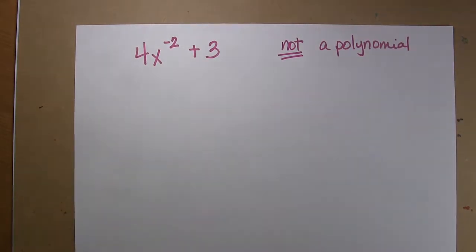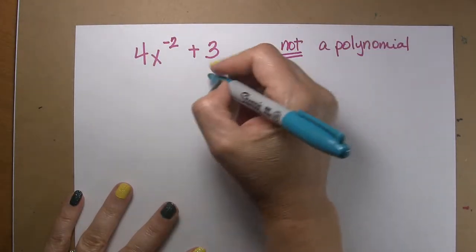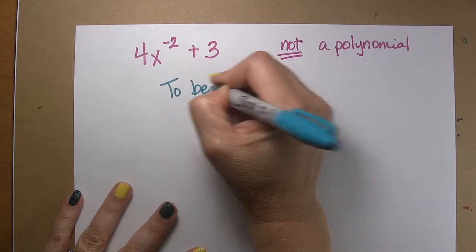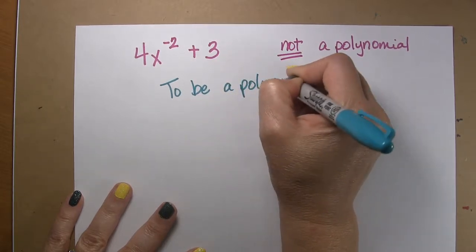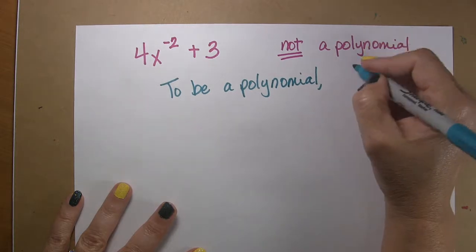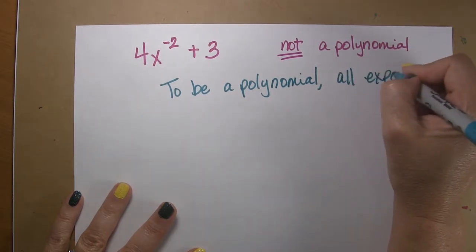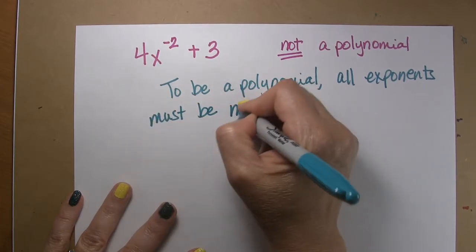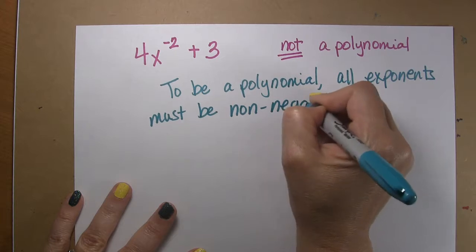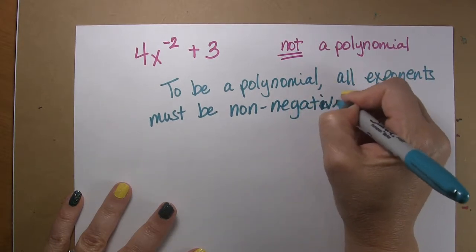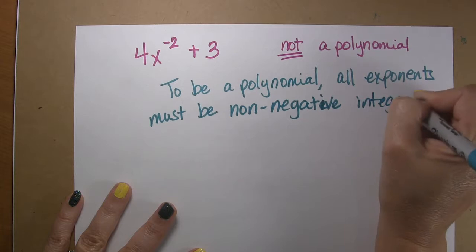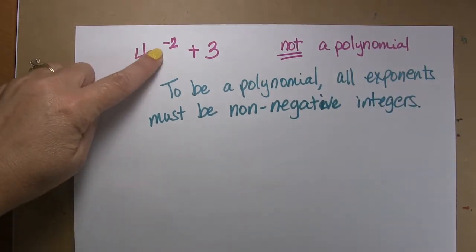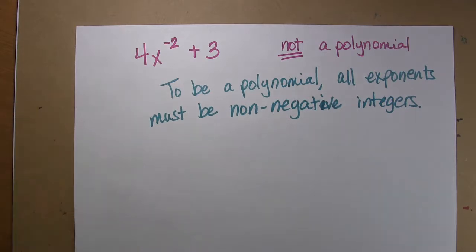Yeah, but there's a fancy-dancy rule that says that in order to be a polynomial of any kind, all exponents must be non-negative integers. And here we have a negative integer, so technically this is not a polynomial.